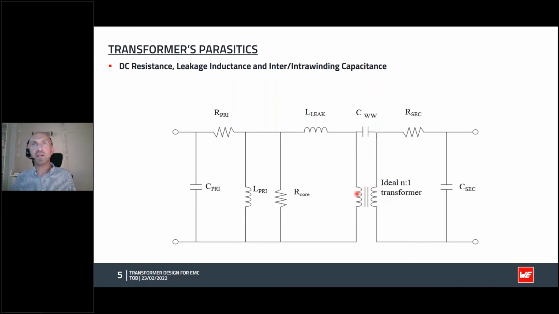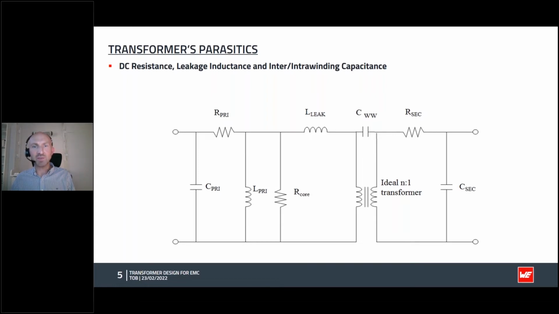And in the ideal case, we just have primary inductance and a secondary inductance. But I think we all know that the world we live in is far from ideal. It's not just engineers who know that. And so we need to consider actually all the parasitic elements as well.